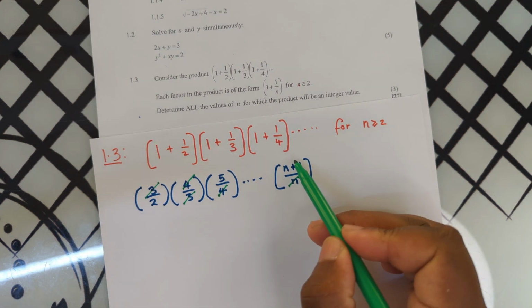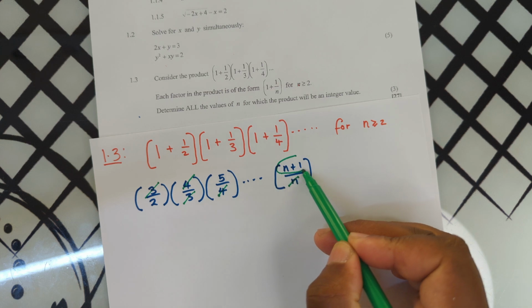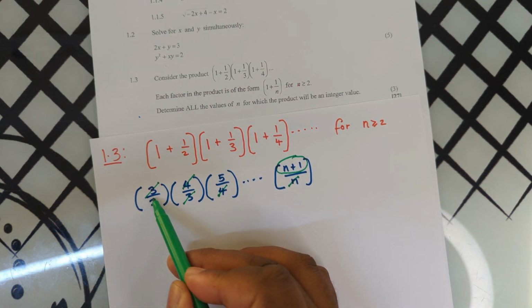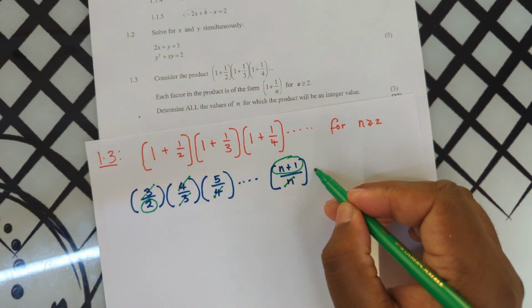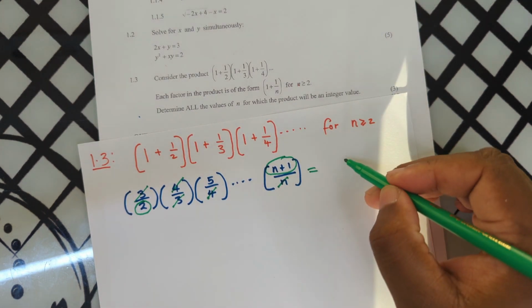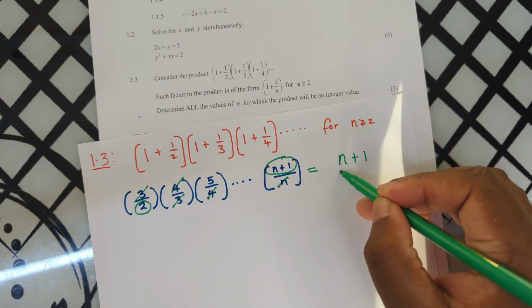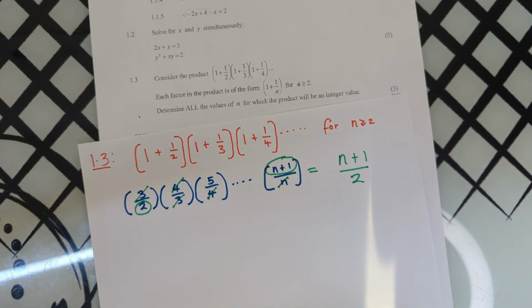So what's going to remain as a numerator is n plus 1, and as a denominator is going to be 2. So this will simplify into n plus 1 divided by 2.